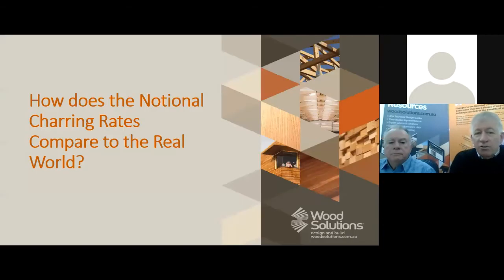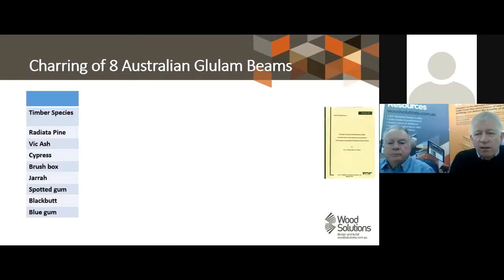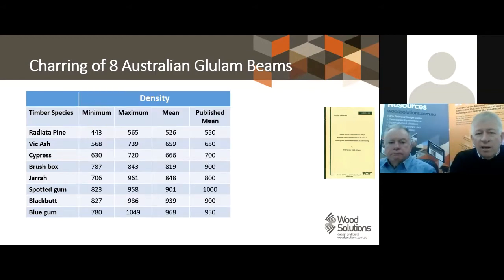So how does the notional char rate compare to the real world? Well, work was done on this about 40 years ago, and looked at a number of commonly used Australian timbers, radiata pine through to common hardwoods. Interestingly, this work measured the density of the laminates that made up the element, in this case a glulam beam, and published the mean density for that specimen against the published density.